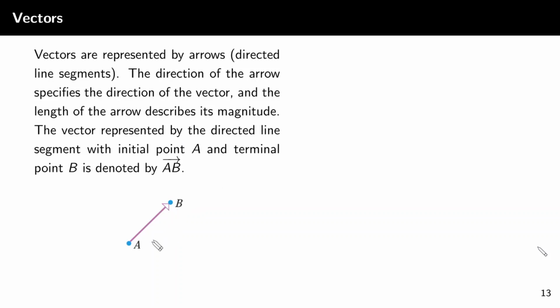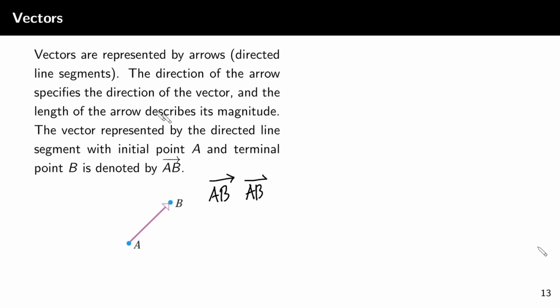So whatever the length of this arrow is, of this line segment is, that will be the magnitude of the vector. So the vector represented by the directed line segment with initial point A and terminal point B is denoted by this. So in handwriting, we can write it this way, and or sometimes you can write it this way. So both are acceptable. So just be consistent with your choice of notation.